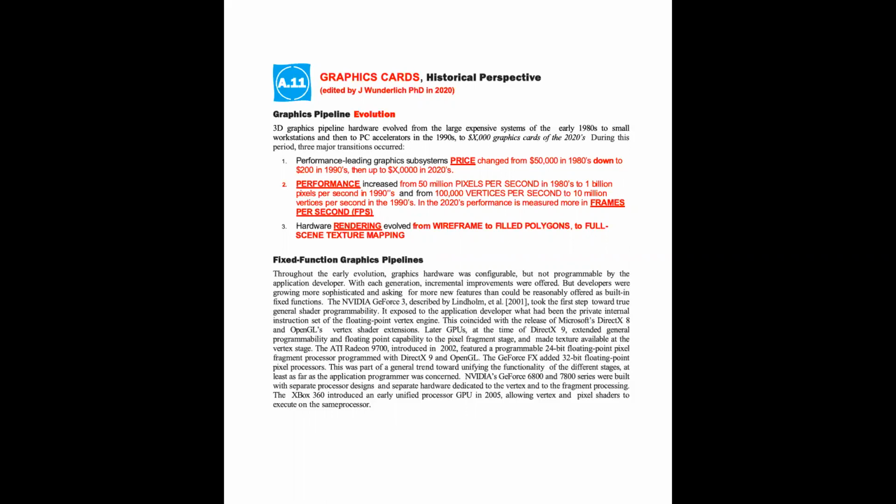Not completely different, but certainly much more powerful. And then performance. Originally, and still somewhat to this day, people speak of pixels per second, vertices per second, primitives. There are other benchmarks you can use too for performance, like floating point operations per second.